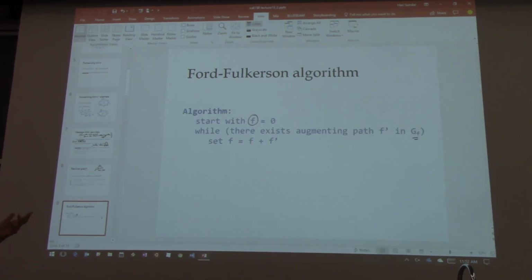In the residual, you try to find a path. You could actually find any flow, but you just try to find one path from S to T on which you can send a non-zero flow. That's called an augmenting path: an S-T path along which we can send non-zero flow.